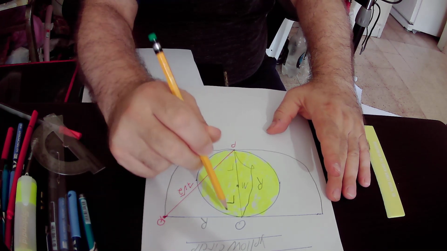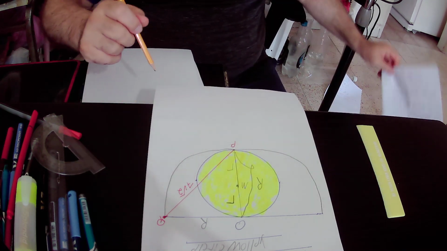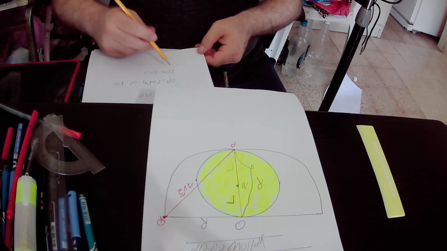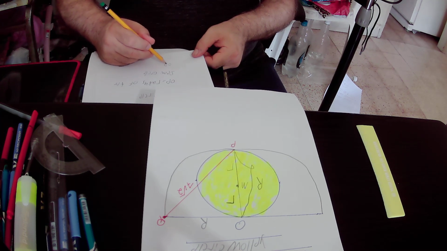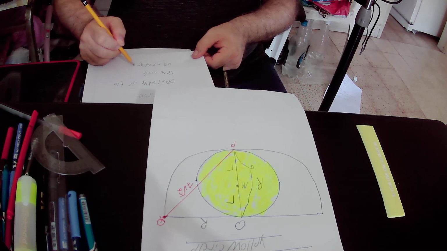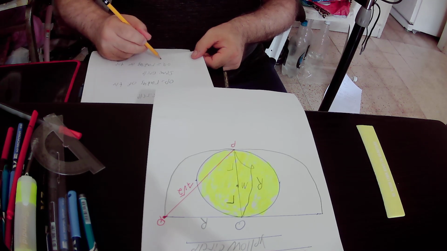Okay, I will write OQ equals the radius of the semicircle.